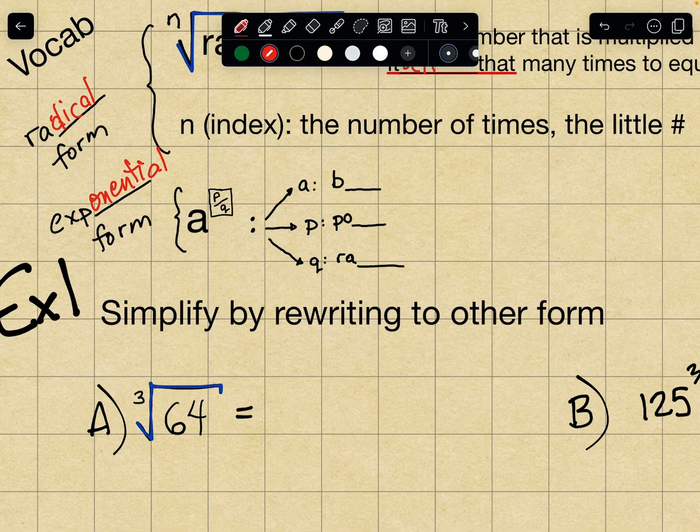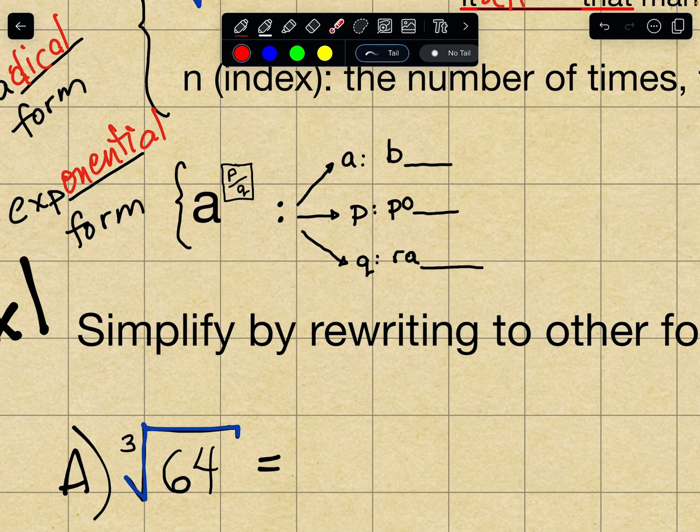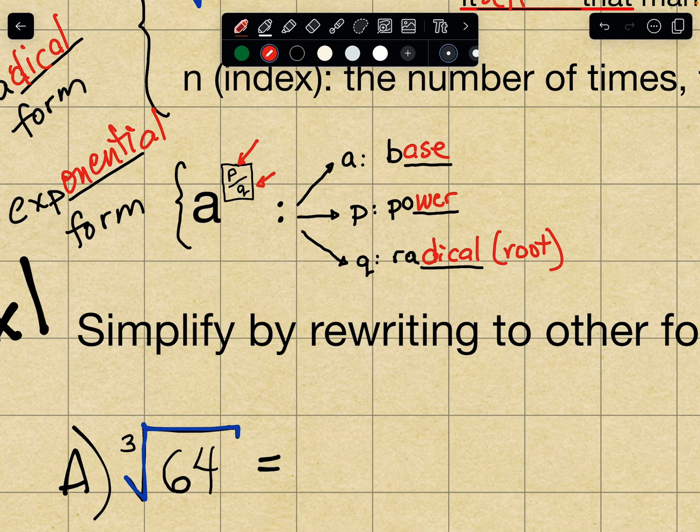Exponential form. Well, the number that is at the bottom, that has the exponent, we call that the base. The number that is higher in the exponent, what we call the numerator, that's the power. And then the number at the bottom is the radical. Now, some people also refer to that as the root. So depending upon what textbook you're using, you'll see different language.